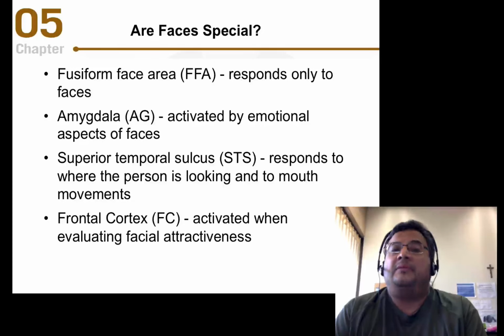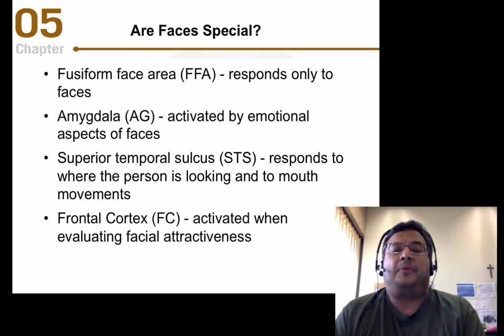The amygdala, which is a part of our limbic system that has been very strongly associated with emotion and fear, is activated by emotional aspects of faces. So if we see a face that is fearful or threatening, it will elicit an emotional response in the amygdala.